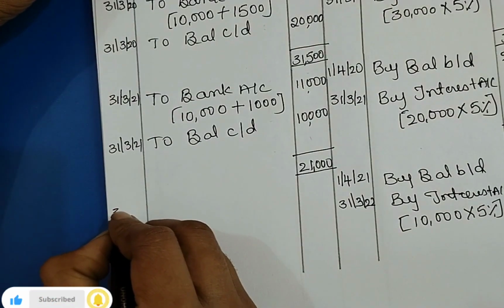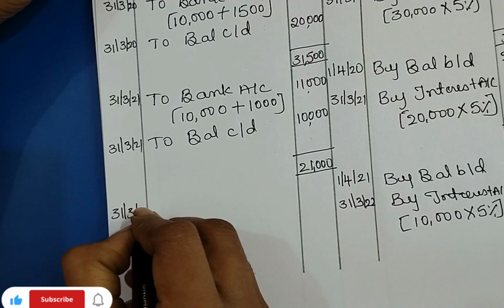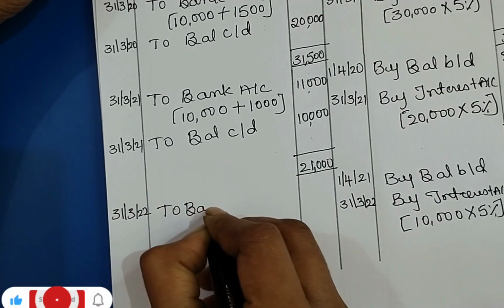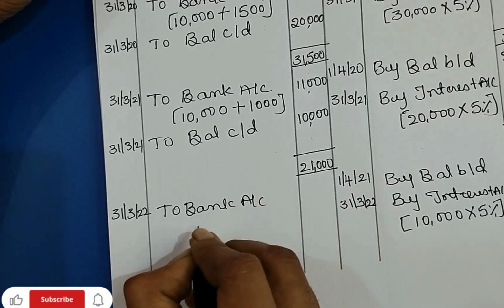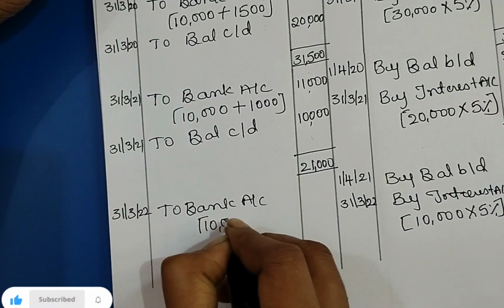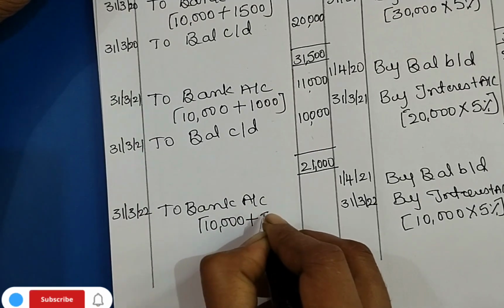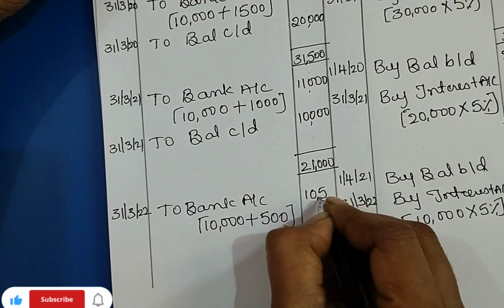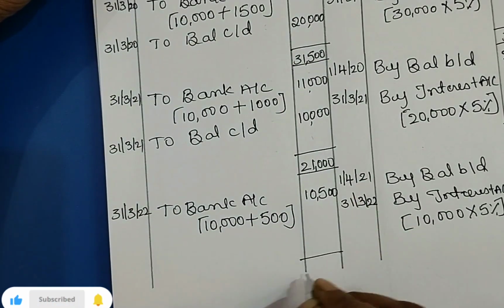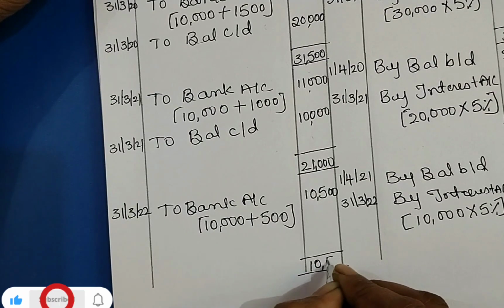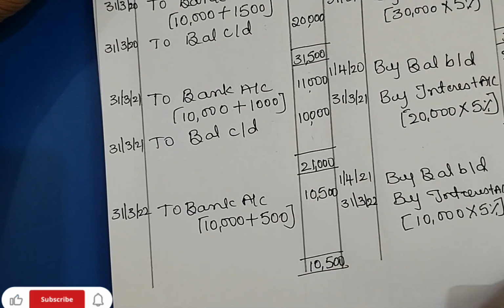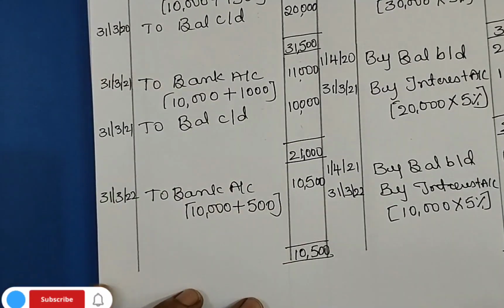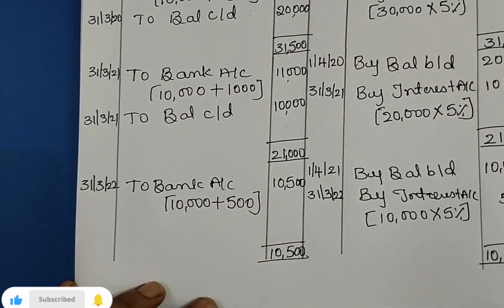Installment is on 31st March 22 to bank account, installment amount 10,000, interest is 500, total 10,500. 10,500. We have closed the Niharika account.